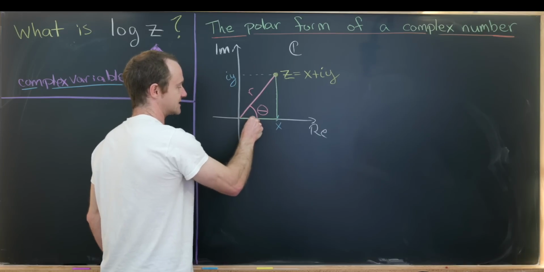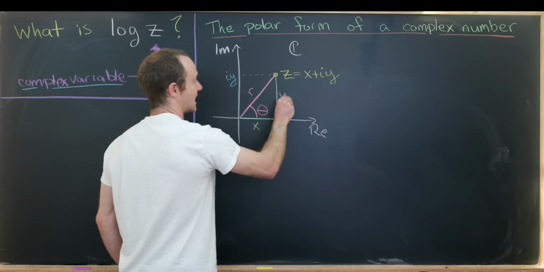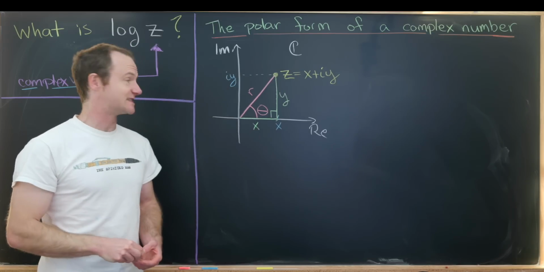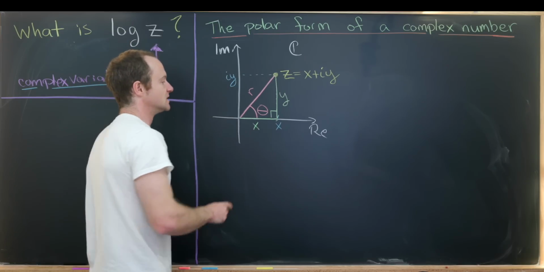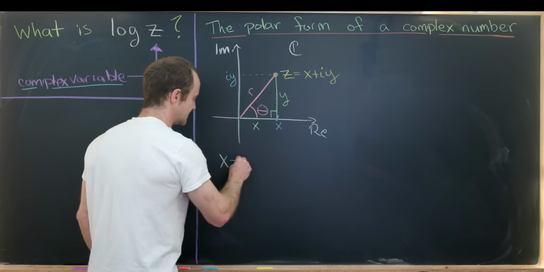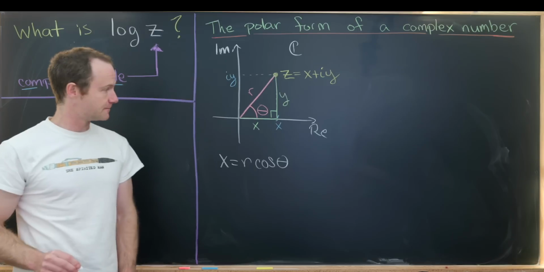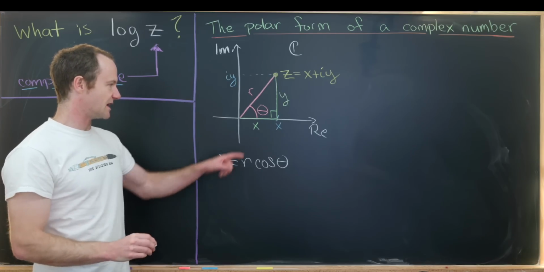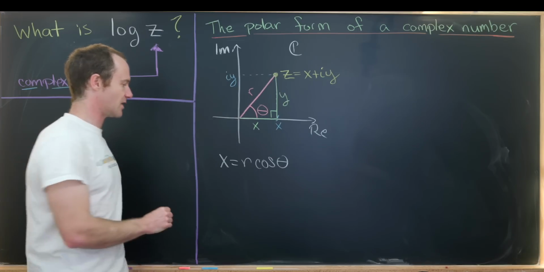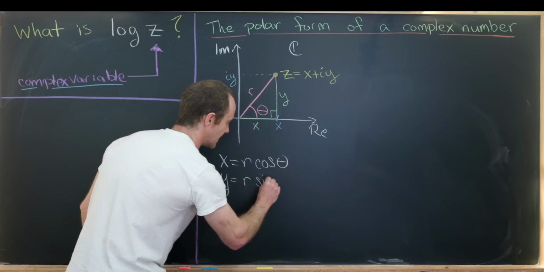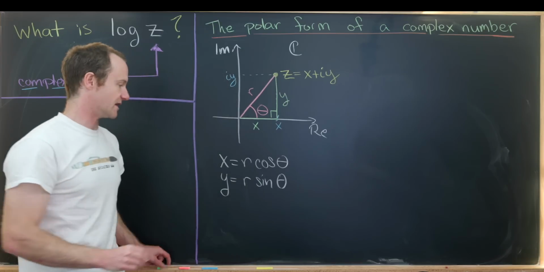Notice that it has a base of x and a height of y. There we've got a right triangle, and then we can just do standard trigonometry. So notice that x is equal to r times the cosine of theta. That's because cosine of theta is adjacent over hypotenuse. Next up, y is equal to r times sine of theta.